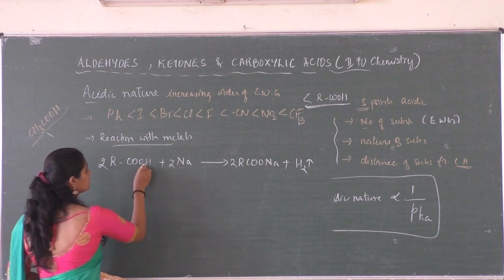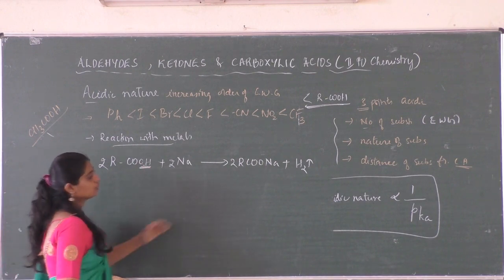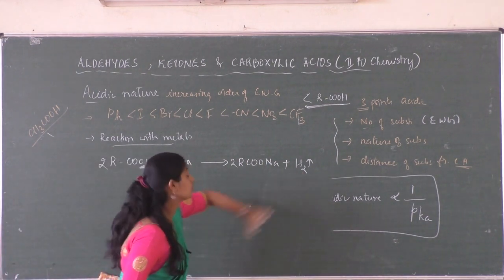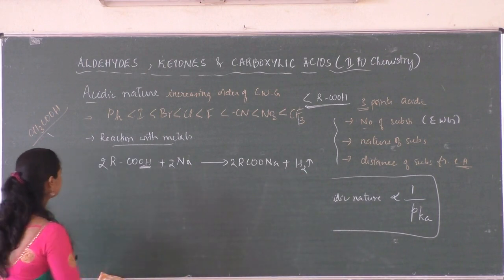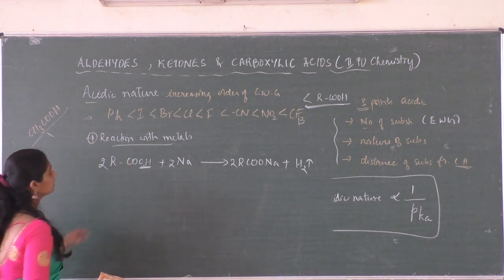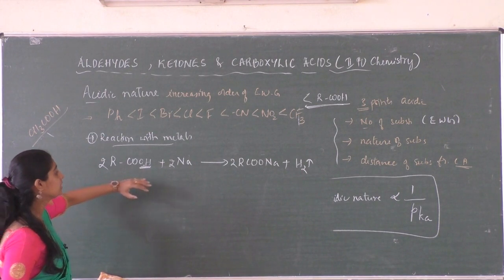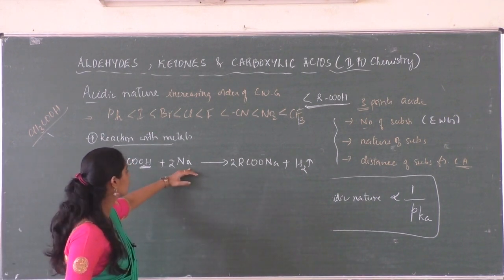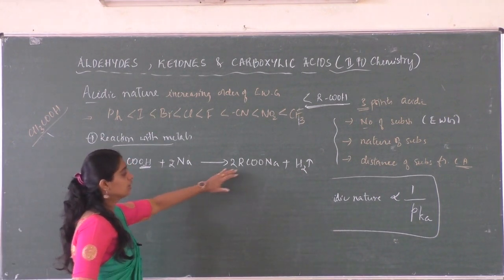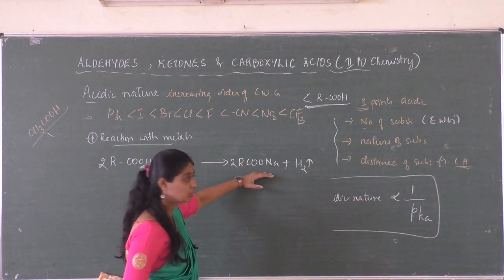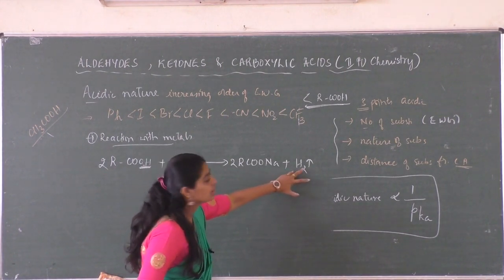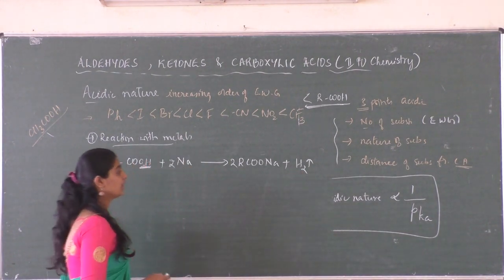So this bond gets cleaved so as to convert it into H2 hydrogen. So when carboxylic acid is treated with an electropositive metal like sodium or potassium, it forms sodium or potassium salts of carboxylic acid with the liberation of hydrogen gas.